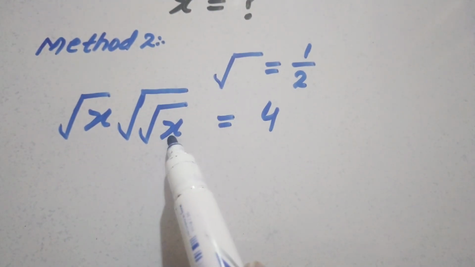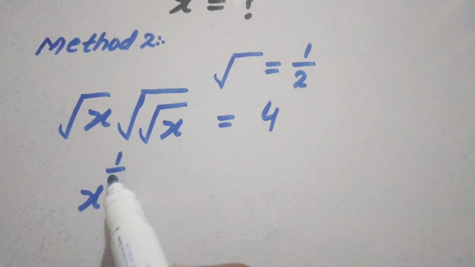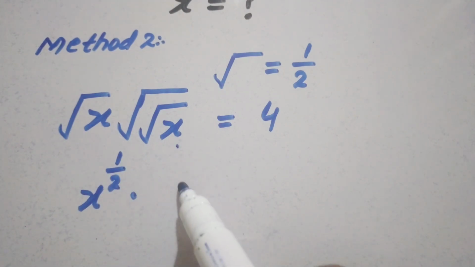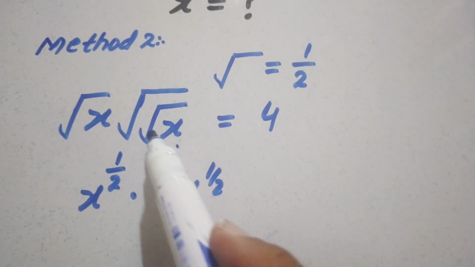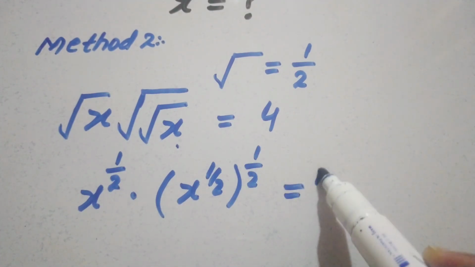Now by using the value of square root, this will become x power 1 by 2, and this is x power 1 by 2, and whole power 1 by 2, is equal to 4.